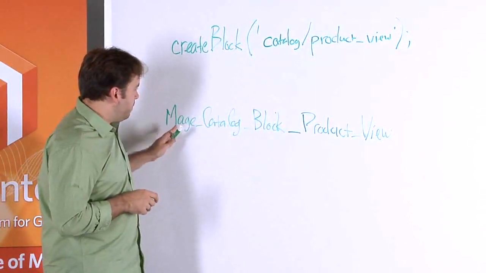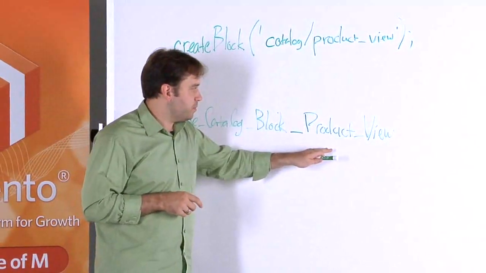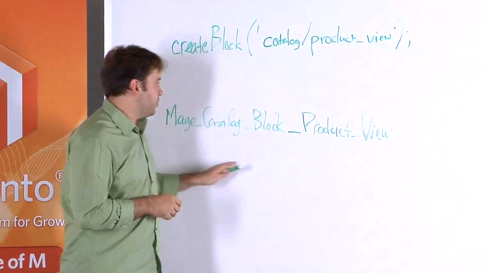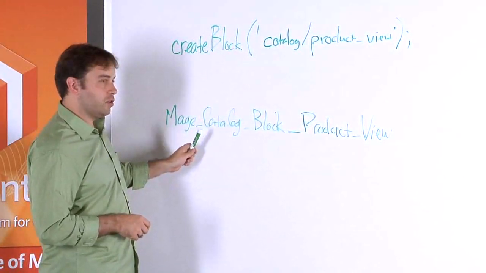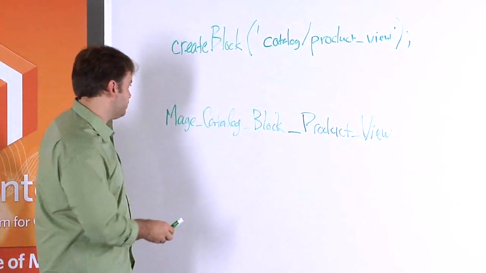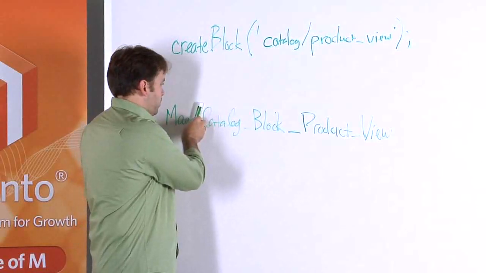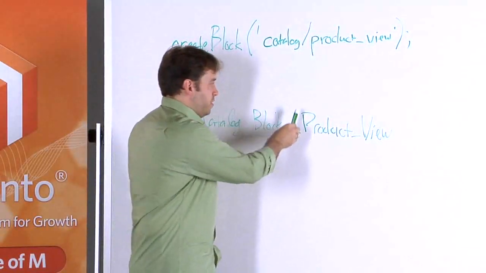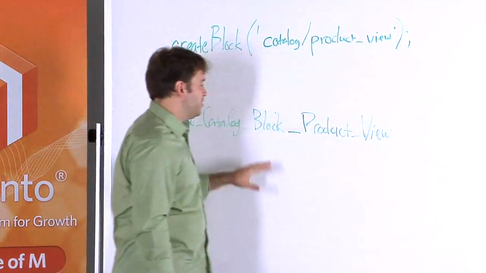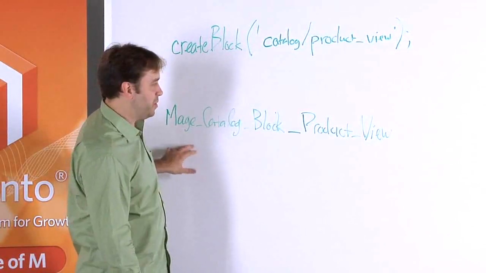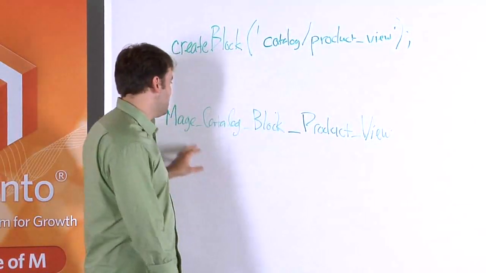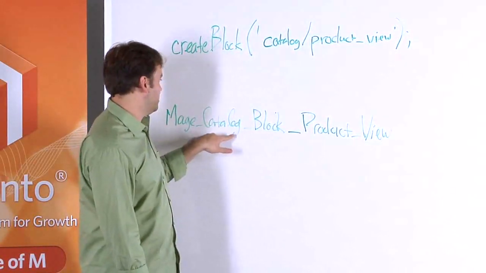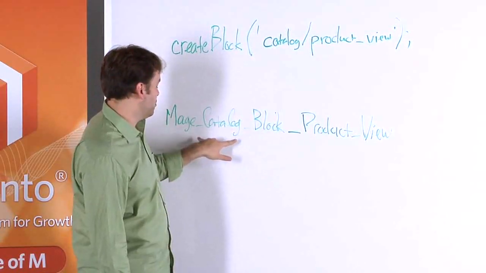But Mage catalog block product view ends up getting passed to the autoloader. That's Varien autoload class. And these underscores get converted to spaces. So this whole thing is lowercase. These things get converted to spaces. This one would be all lowercase.